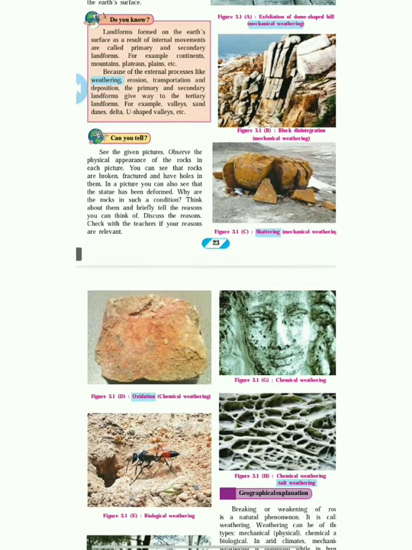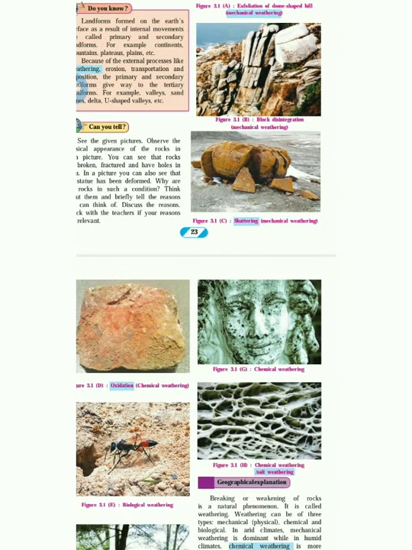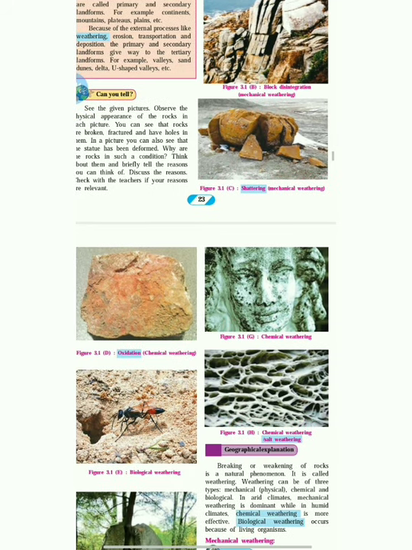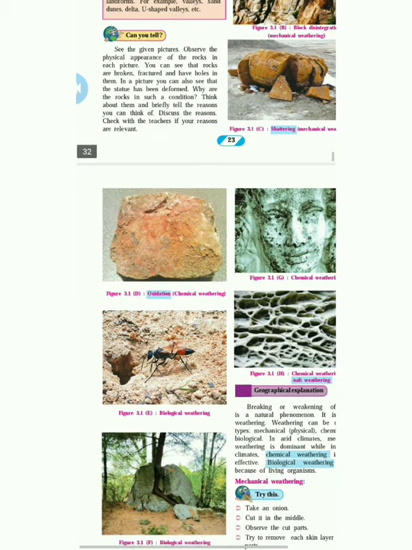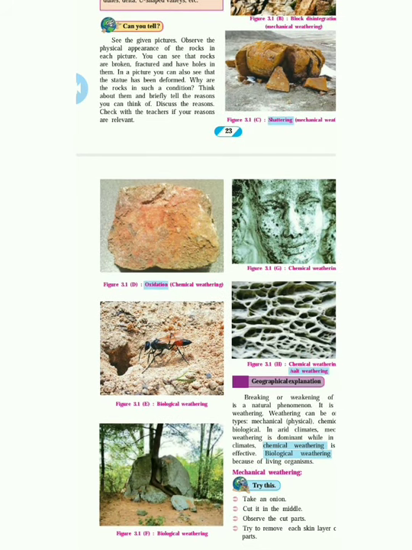Now see the picture. See, this is the statue, chemical weathering. When the weather has a chemical effect, these things happen to the statue. Now see the chemical weathering, biological weathering. When animals do such things, for example in your house, if you see a bunch of ants doing cultivation or whatever they are doing in that part, what will happen?